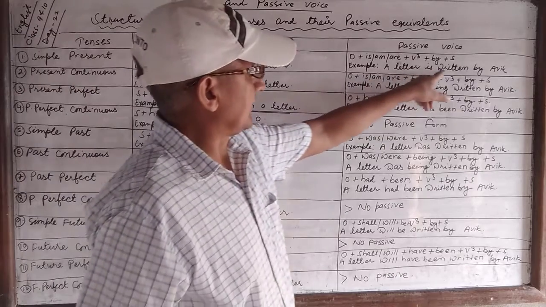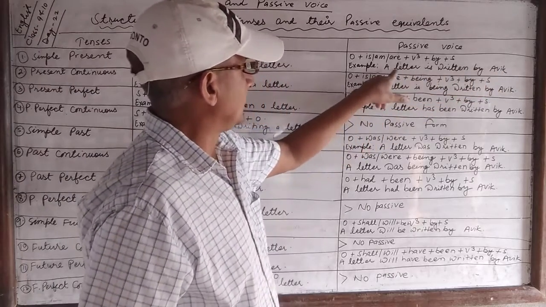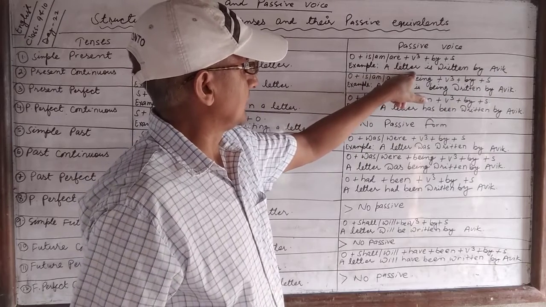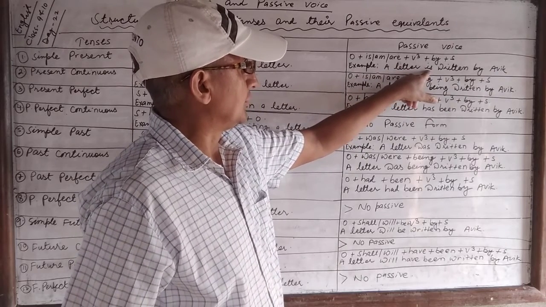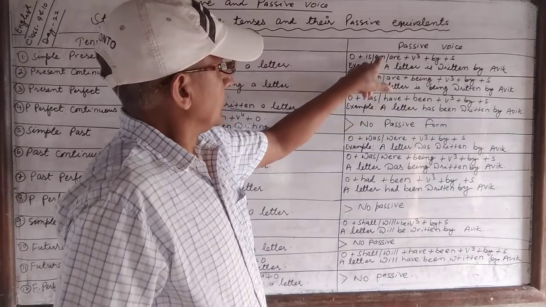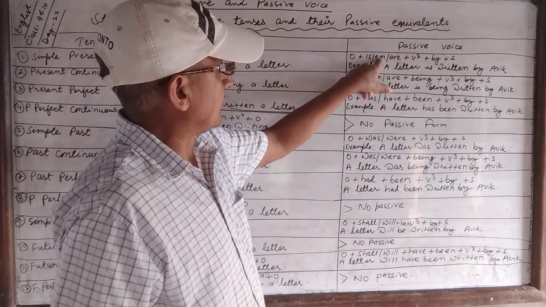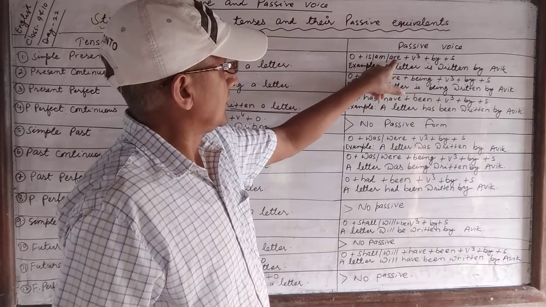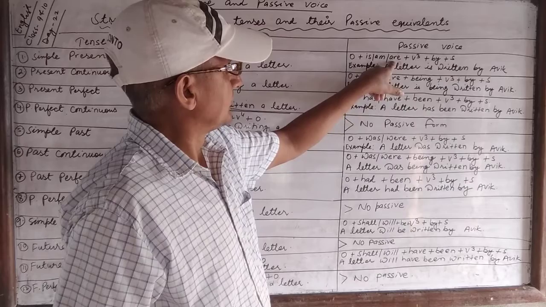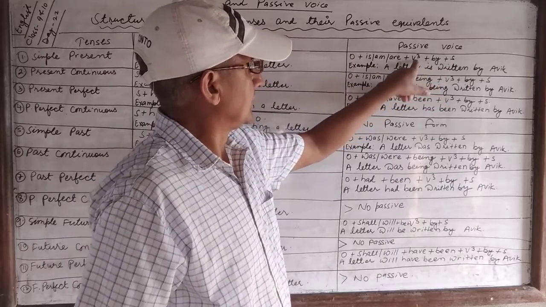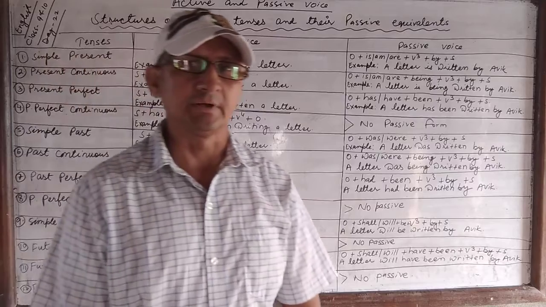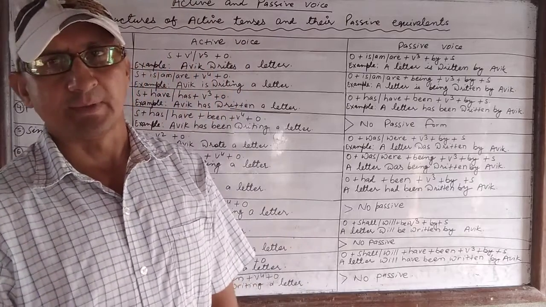So, a letter is written by Abik. A letter is the singular subject. With singular subject, we use is. And with I, we use am. And with plural subject, we use are. And there is always the past participle form of the verb in passive voice.